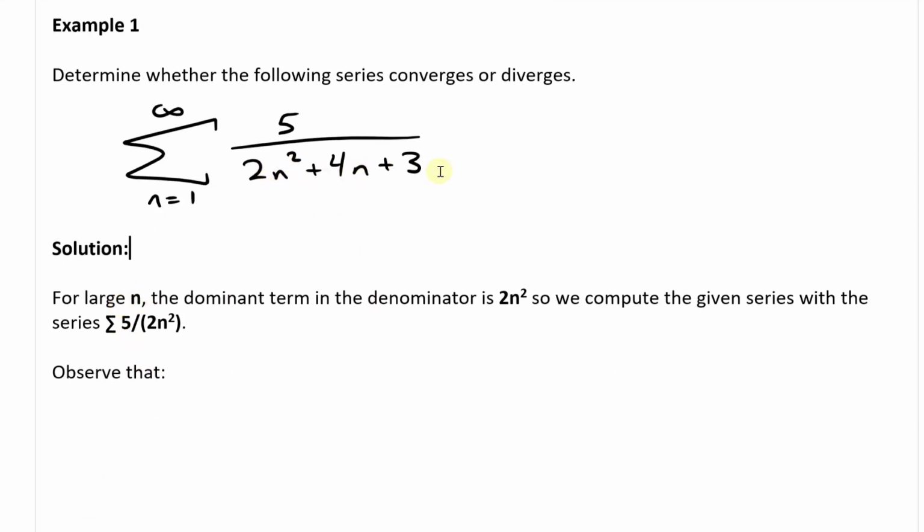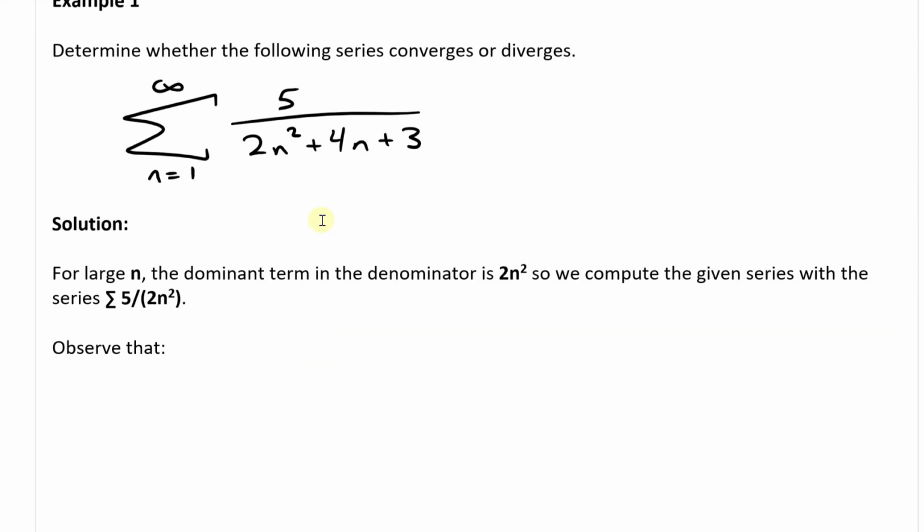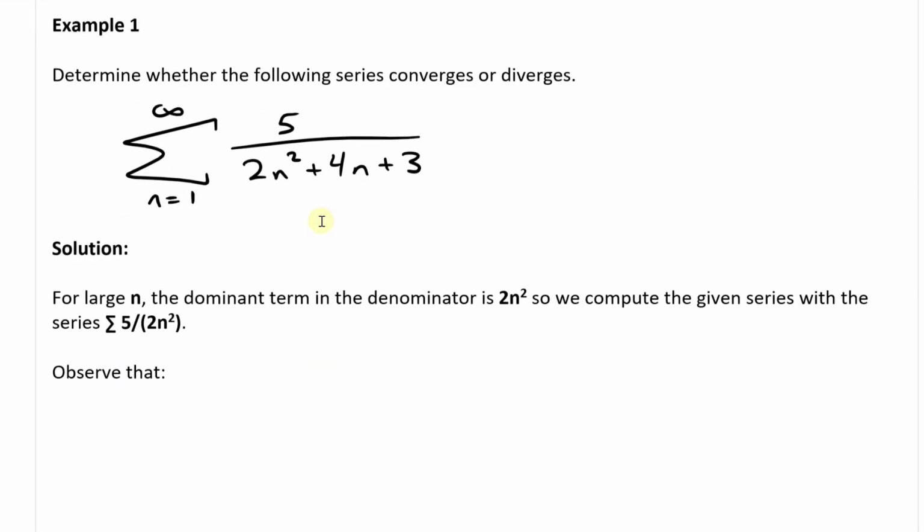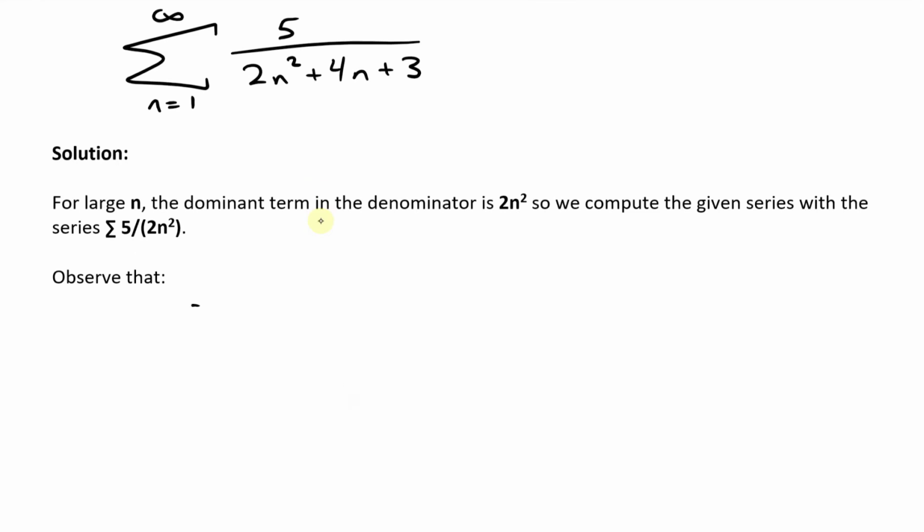Yes, first off, observe that if you compare the terms inside, looking at the full expression we're given, 2n squared plus 4n plus 3, this right here is going to be less than, well, just the dominant term, 5 over 2n squared, because these are just extra positive terms, since n goes from 1 to infinity. So 4n plus 3 is always positive.